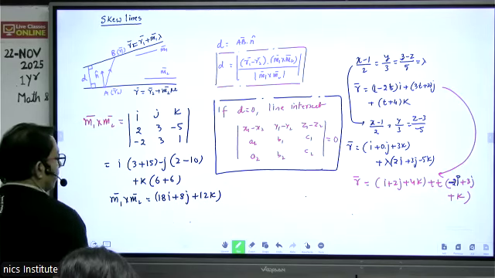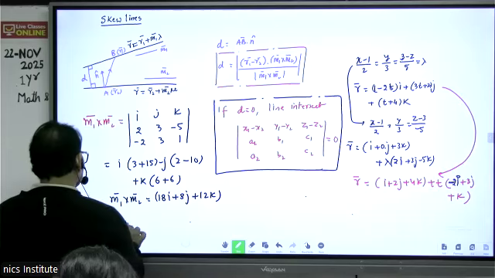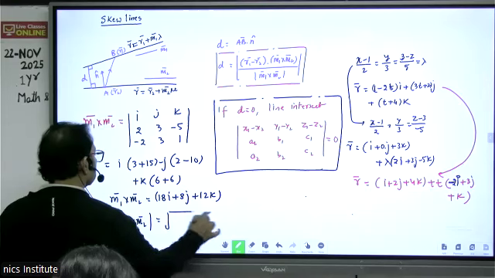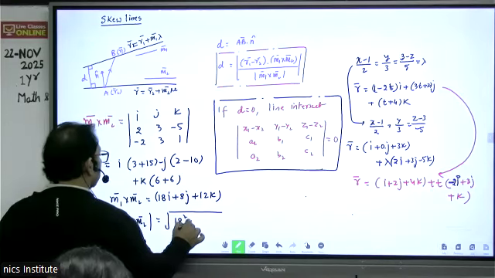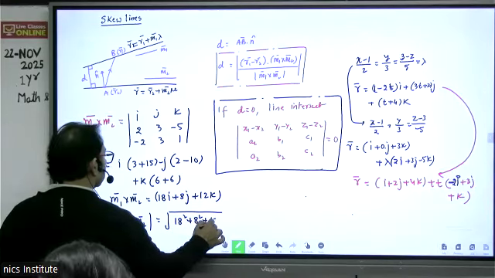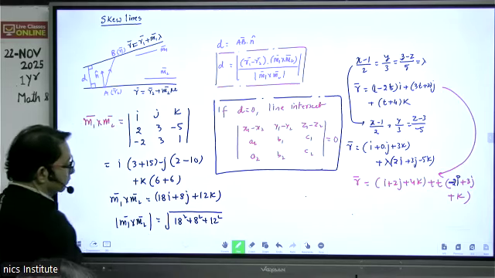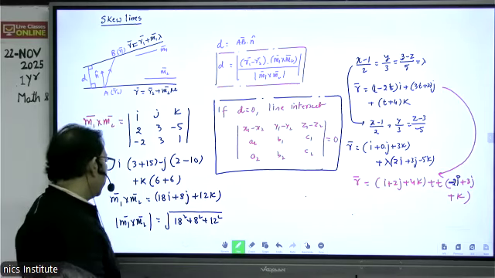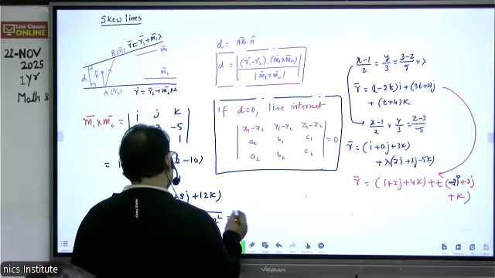Then you can also find its mod, because we'll be needing this. 18 square, 8 square, 12 square. If you want, you can take 2 out, or else you can do directly also.